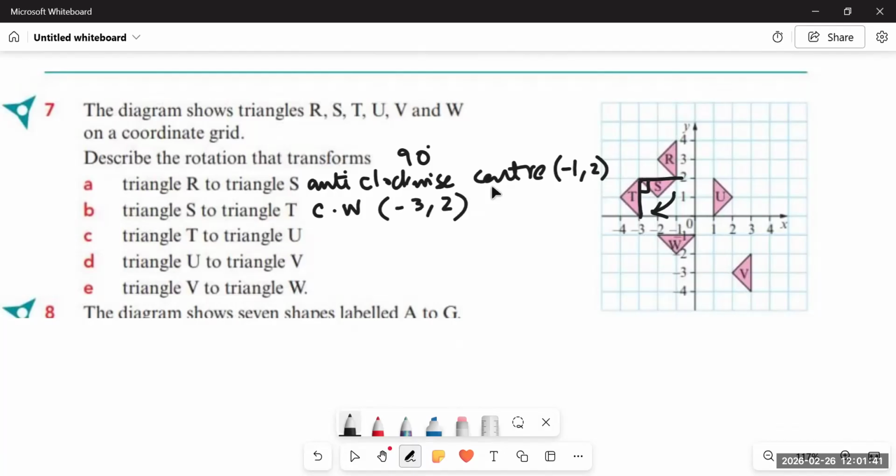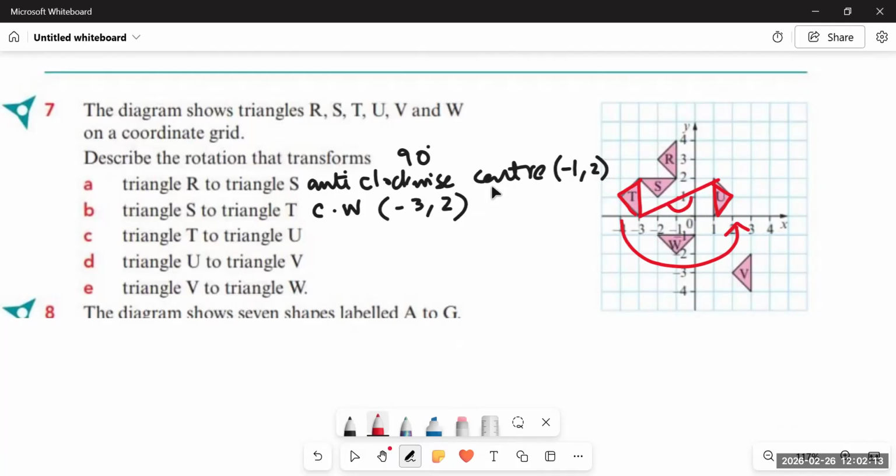From triangle T to triangle U, let's see. This is triangle T. This is triangle U. You can see that it's 180 degrees and with center here. So it will be because it's like this, right?